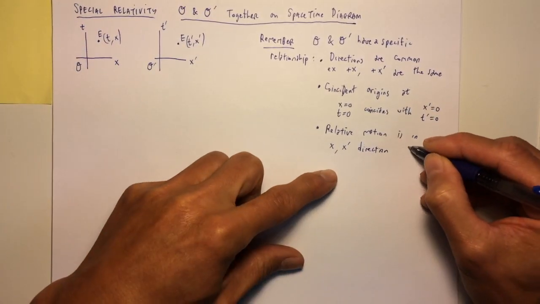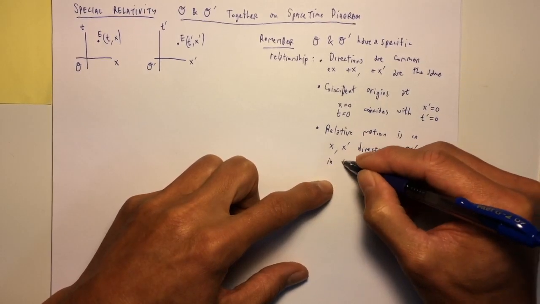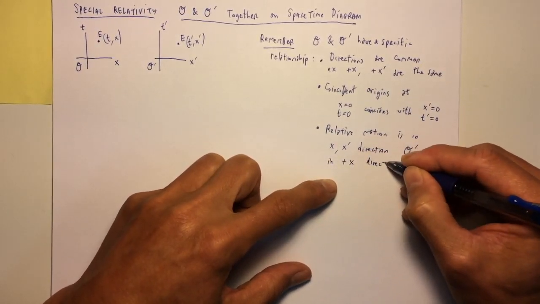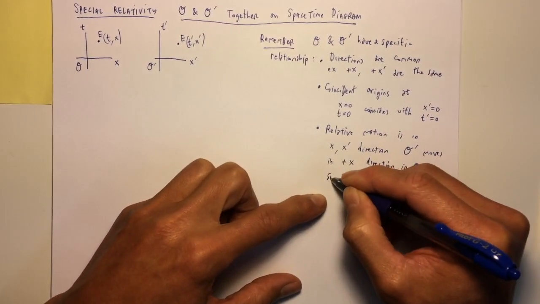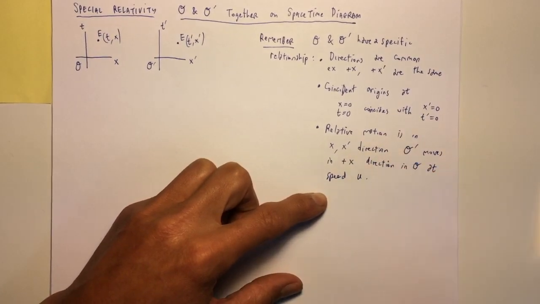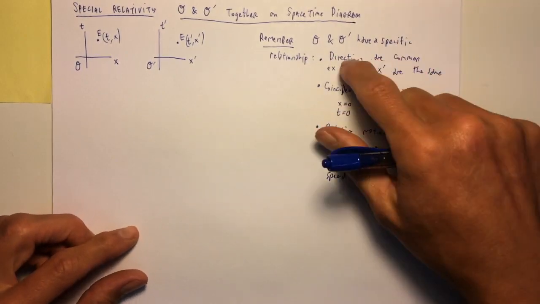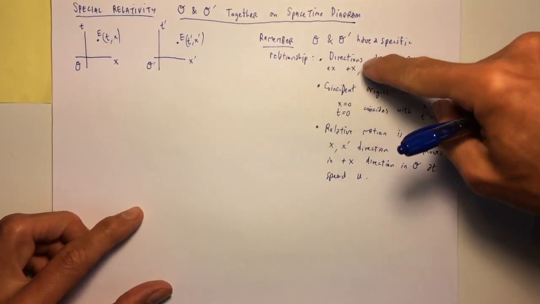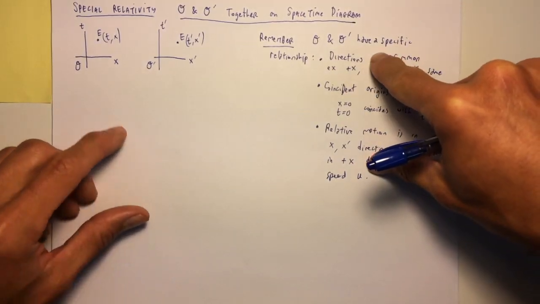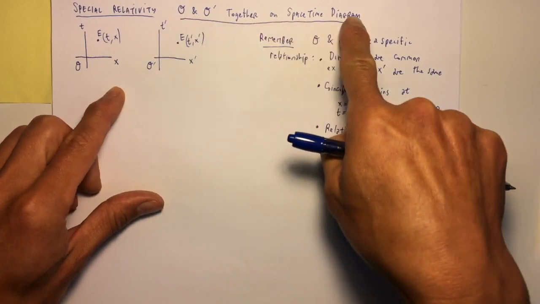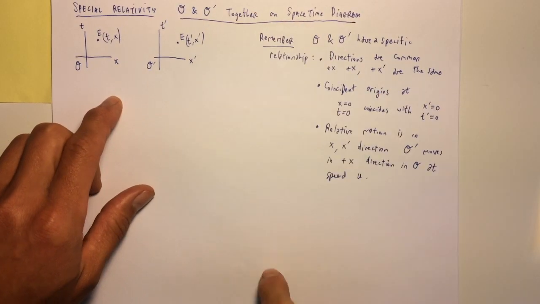And you could say that O prime moves in positive x direction in O at speed u. Okay, so yeah, I think that this is enough to say what the specific relationship is between O and O prime. And once we agree that this is a good starting point on the relationship, then we can draw a meaningful drawing that has both O and O prime together in a spacetime diagram.